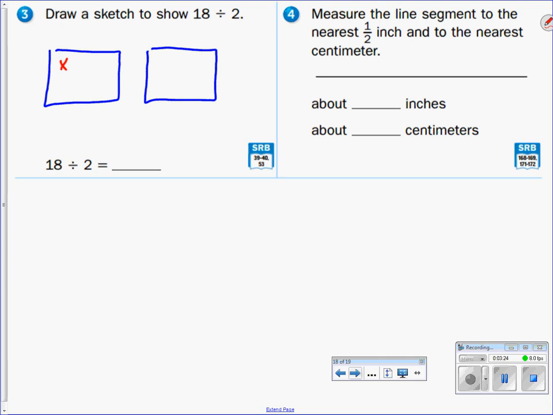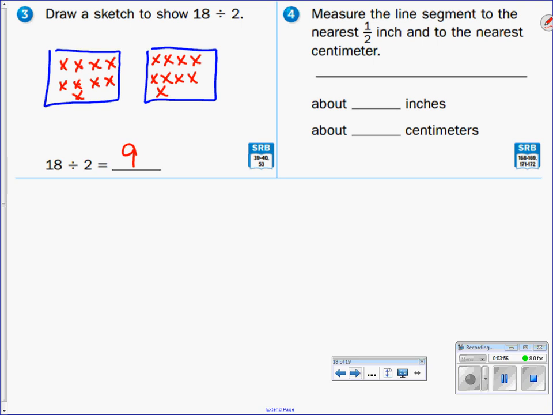So there's 1, 2, 3, 4, 5, 6, 7, 8, 9, 10, 11, 12, 13, 14, 15, 16, 17, 18. Now all I have to do is go back and count them. 1, 2, 3, 4, 5, 6, 7, 8, 9. So 18 divided by 2 equals 9.